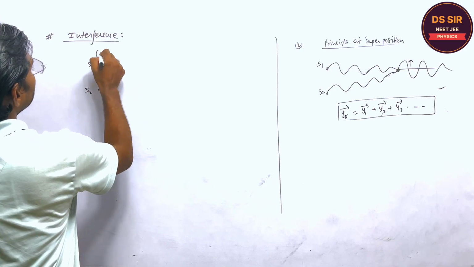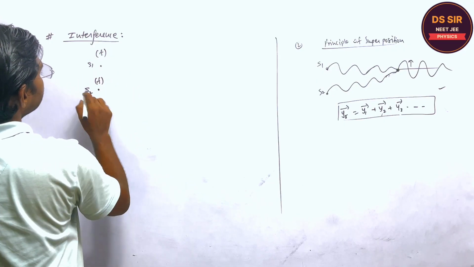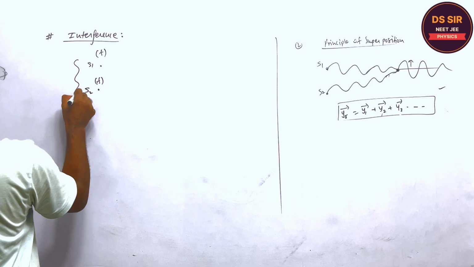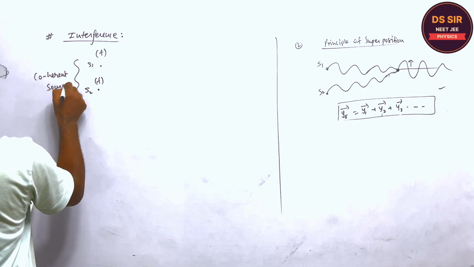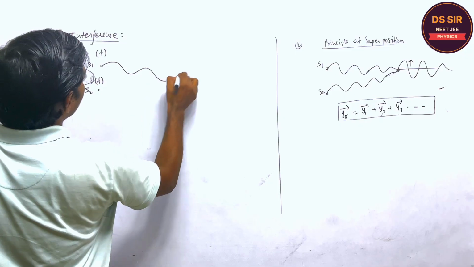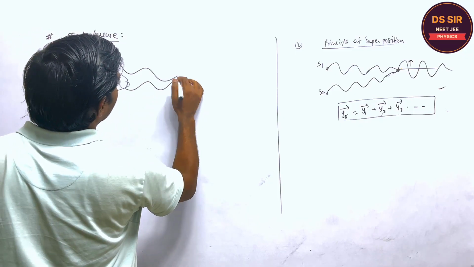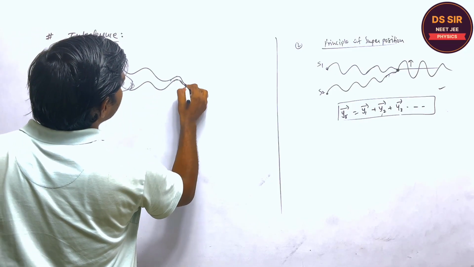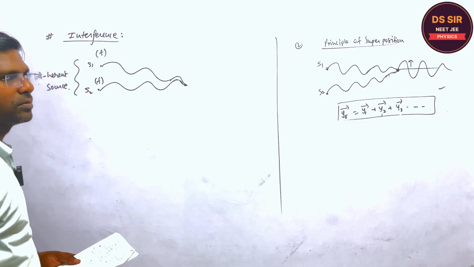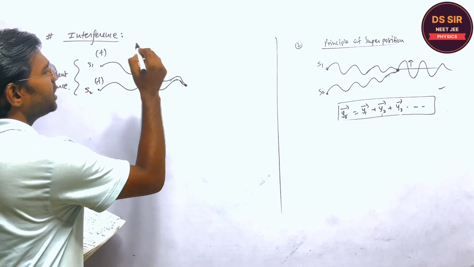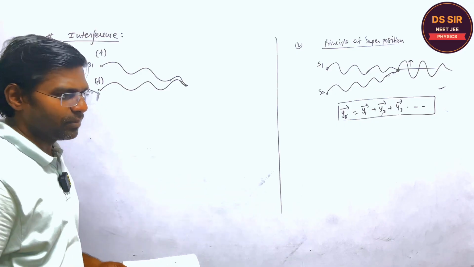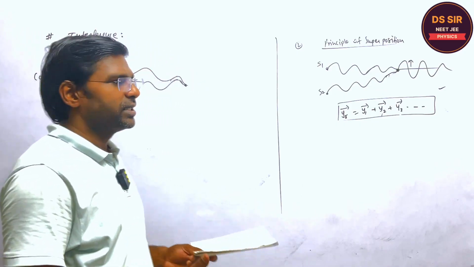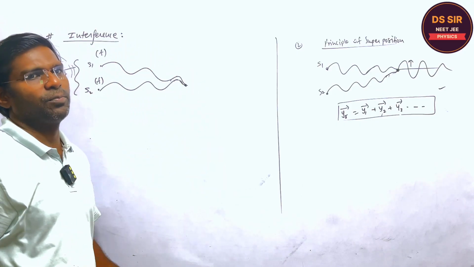If there are two sources with the same frequency and they are coherent sources, when the waves propagate in the medium, the intensity at a point in the medium is found to be maximum at some points and minimum at some points.